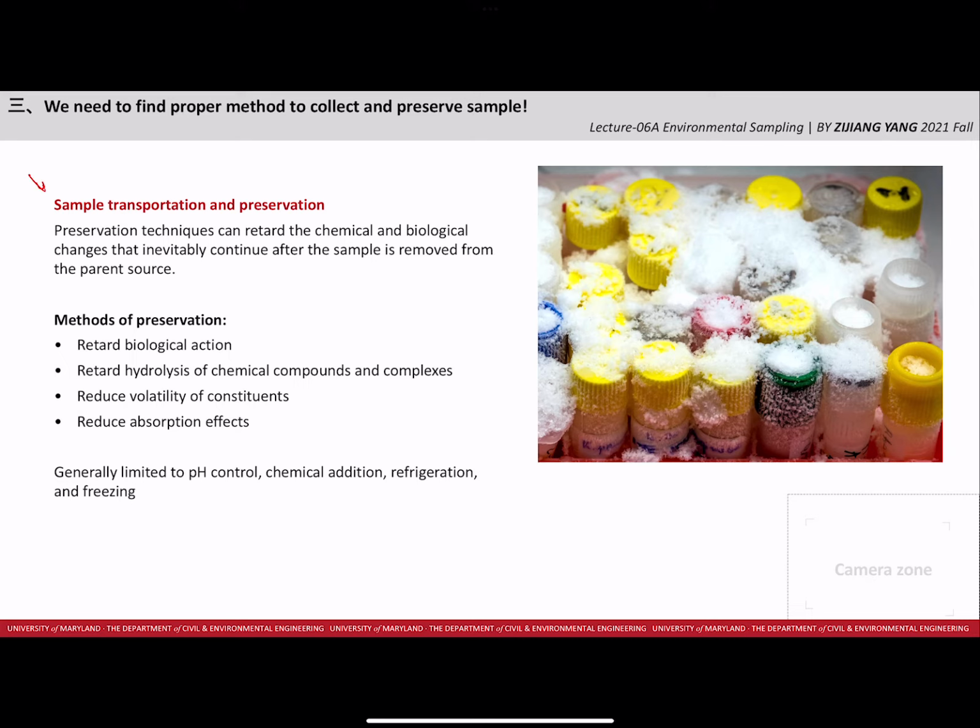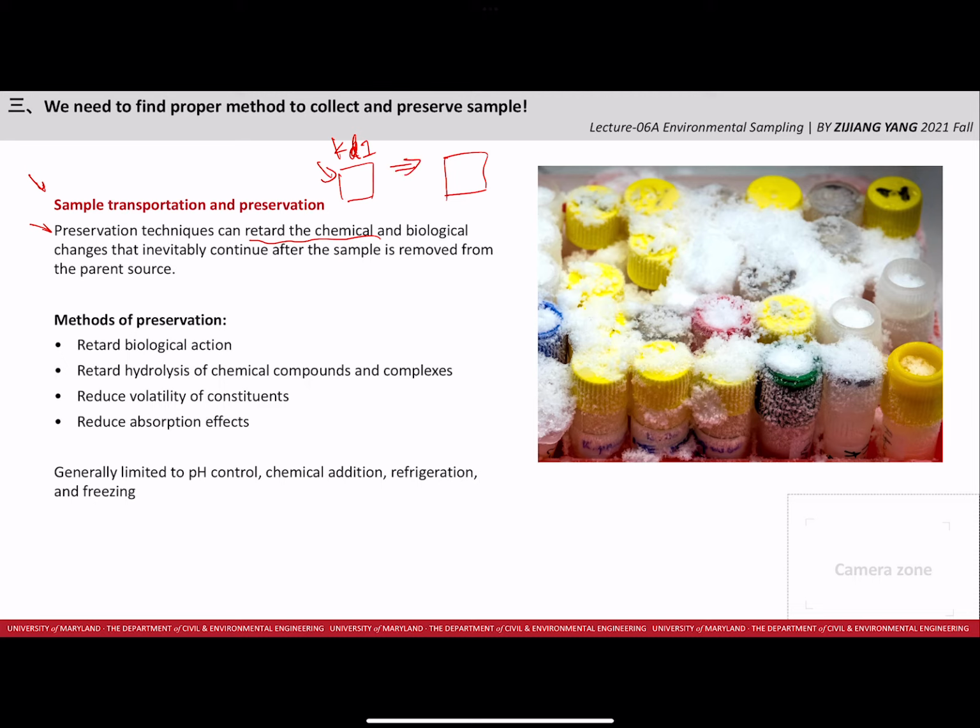The next topic is about sample transportation and preservation. Preservation techniques can retard the chemical and biological changes that inevitably continue after the sample is removed from the parent source. Basically, the general idea is that the sample in the parent source has one equilibrium.